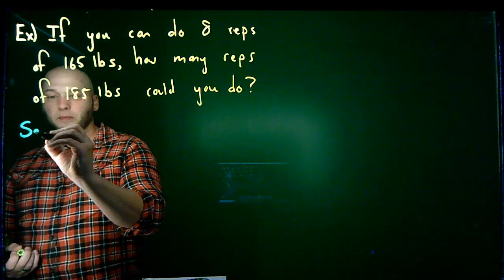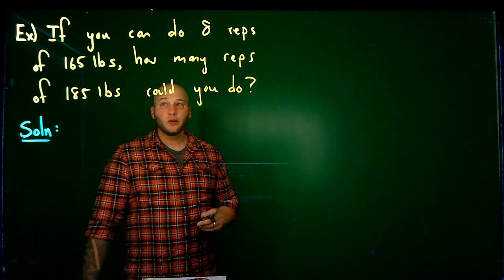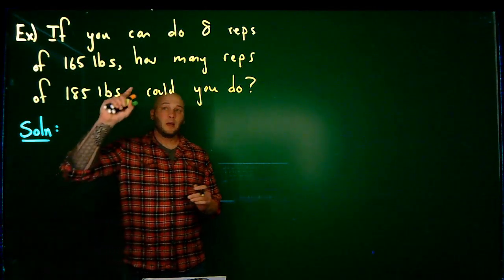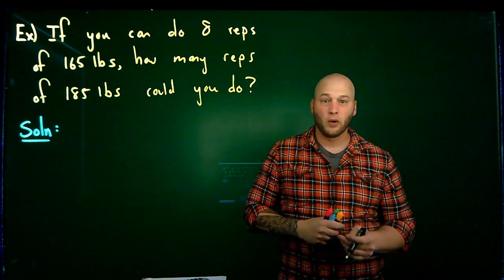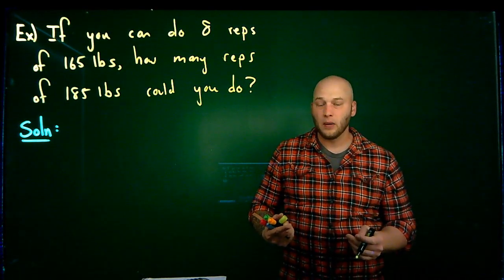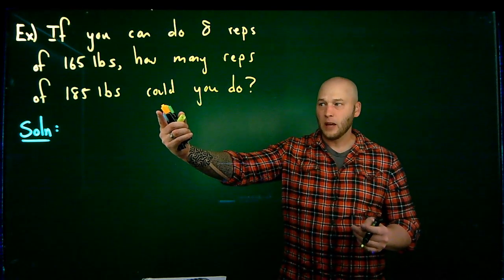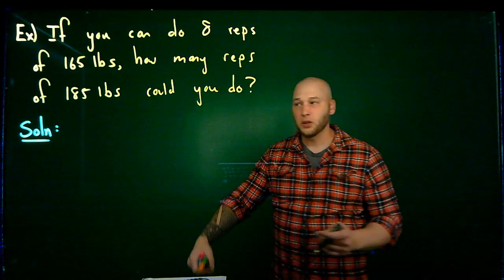So, solution. Well, first and foremost, if I do 8 reps of 165 pounds, I can compute that 1 rep maximum. That 1 rep maximum should be the same value if I did 185 pounds, but I just don't know the number of repetitions.